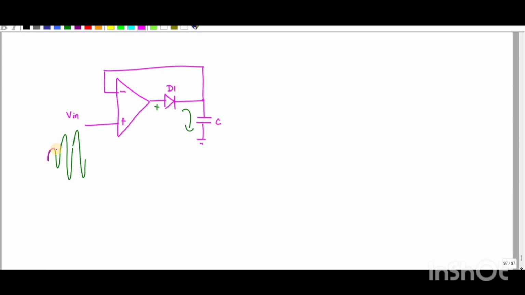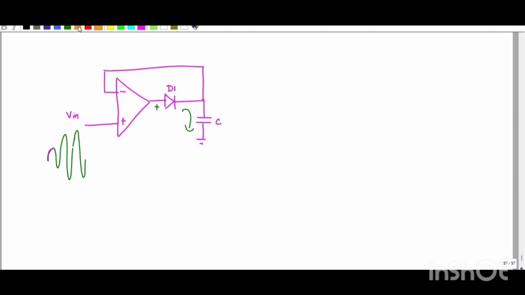Whenever the input signal goes low, what will happen? This diode is open circuited. If the diode is open circuited, the capacitor has to hold this value.